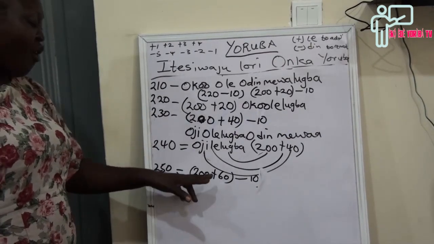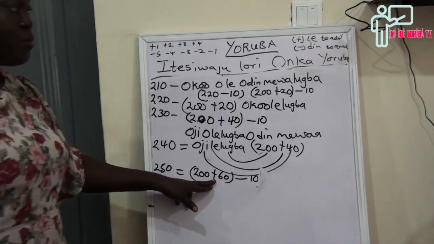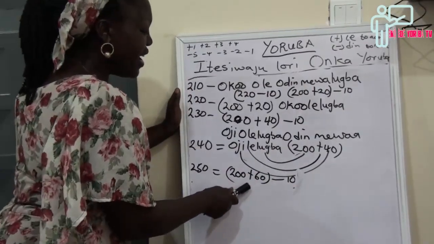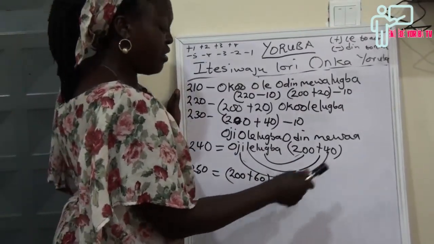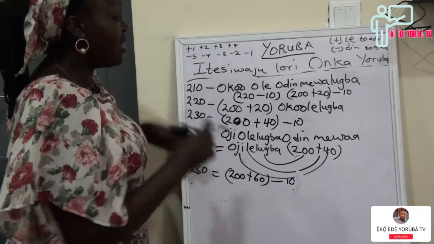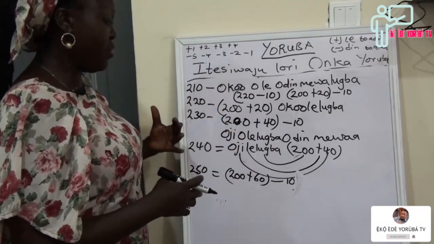Ọ̀tàlélúgba. What's that lé? This sign plus. Olé. Ọ̀tàlélúgba. Ó dín mẹ́wàá. You can see that the way we are reading it is different from the one we have been doing before.